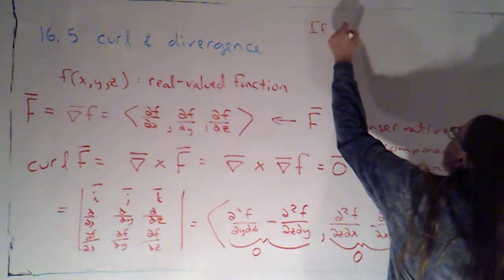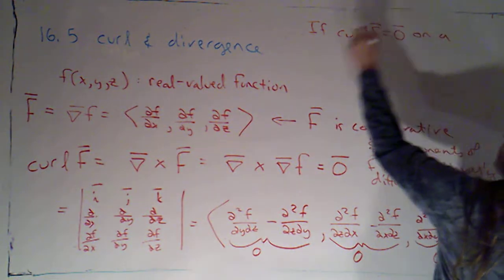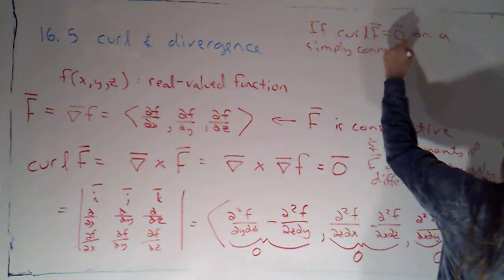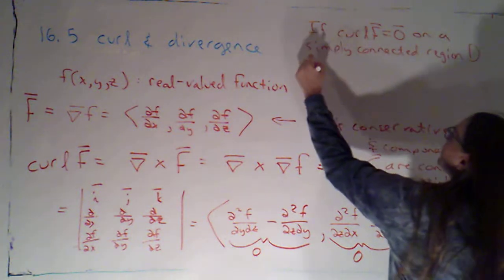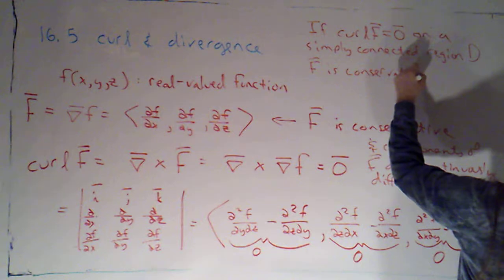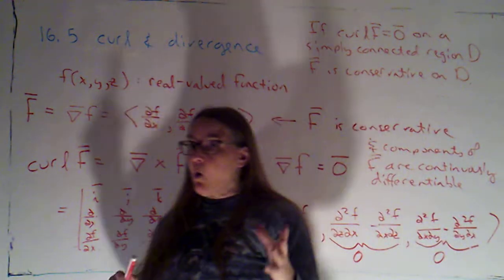So if the curl of f is equal to 0 on a simply connected region, we'll just say D, then f is conservative on D. Remember, simply connected means no holes.